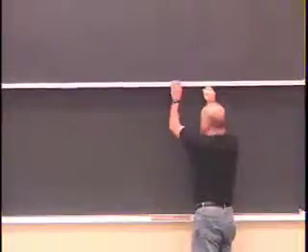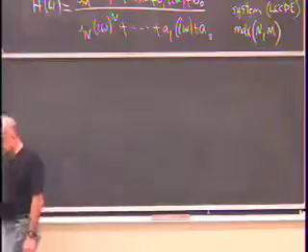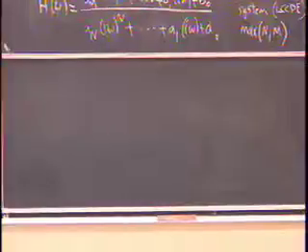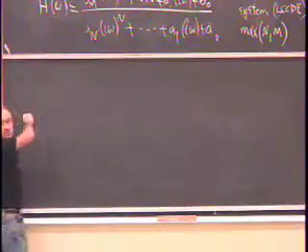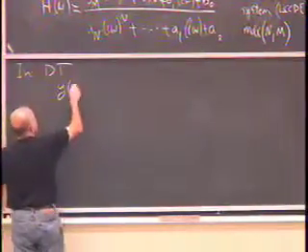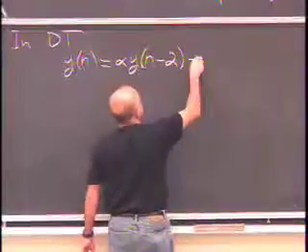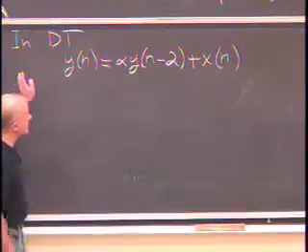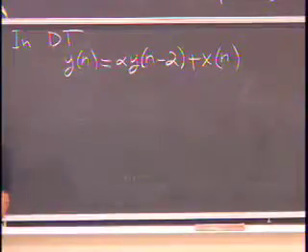Now, you might say, okay, what is all this order business? In discrete time, what was descriptive of the order? What determined the order? When I had a difference equation, the biggest delay. In discrete time, when you had, for example, y[n] equals alpha y[n-2] plus x[n], you looked at all the terms, and the one that had the largest delay determined the order of the system.